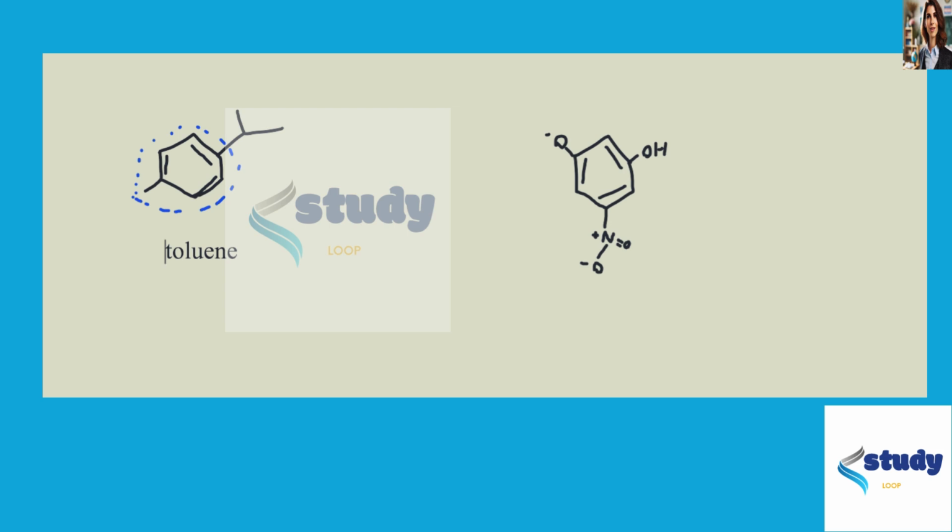in respect to this substituent being the methyl group of the toluene, we have two ortho positions, two meta positions, and one para position. So it seems that the second substituent is on the para position of our molecule.